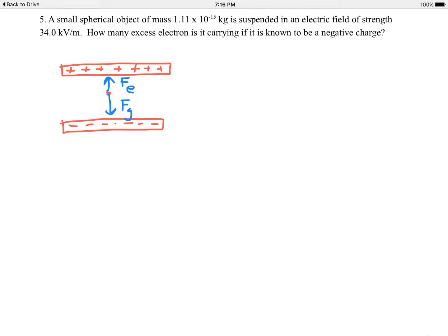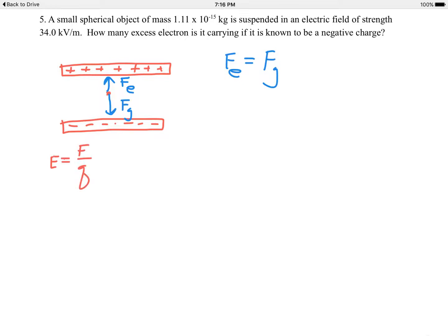And if it's just floating there stationary, what I know is that F sub E must be equal to F sub g. Once again, you go back to your equation sheet, or you've practiced these enough to know this, and here's one of the beauties of parallel plates. You can use the equation, the definition basically, E equals F over q.